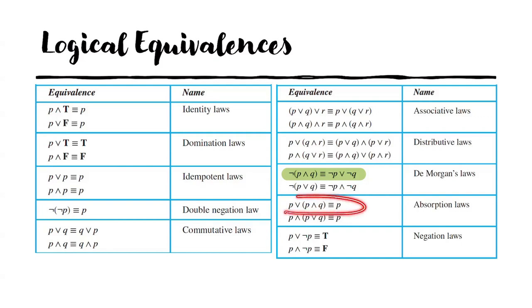So P or (P and Q) is just congruent to P.